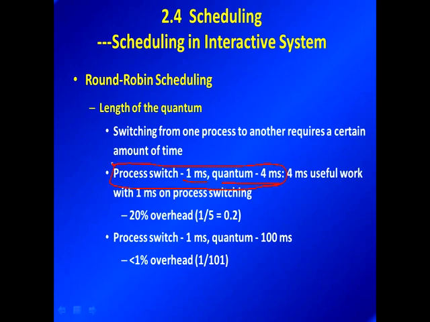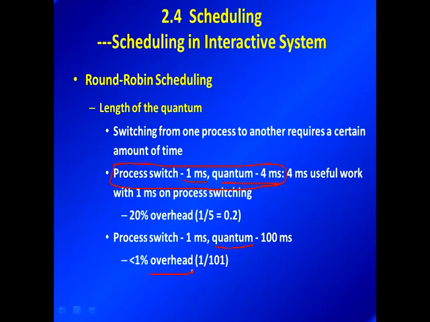And you can use 100 milliseconds to run real instructions relevant to the application processes, right? So if we set the quantum as a big number, we get much lower overhead. We don't waste a lot of CPU time on the process switch.